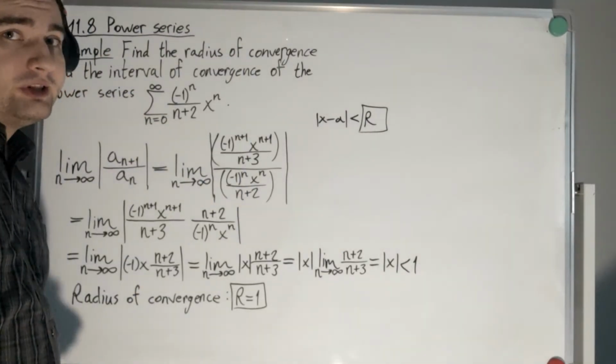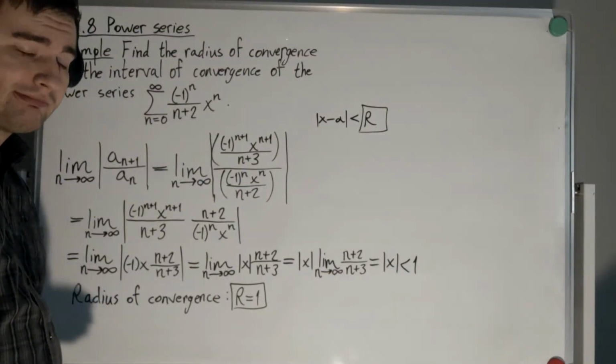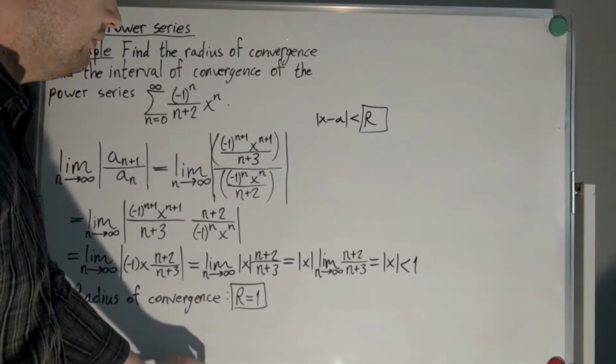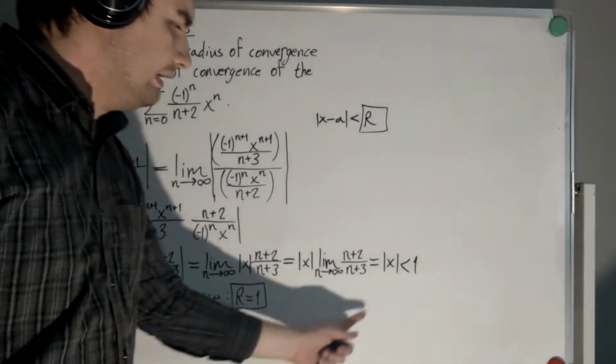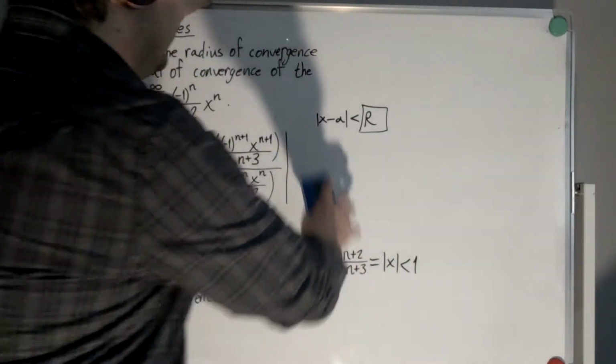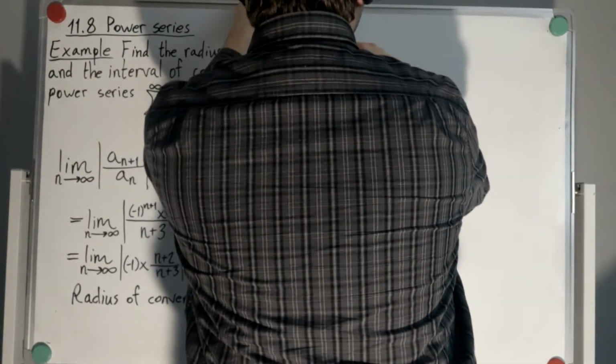The other part is asking for the interval of convergence. Let's think about this for a second. First of all, as I mentioned before, this is the distance between x and 0, so we need to think of this geometrically.